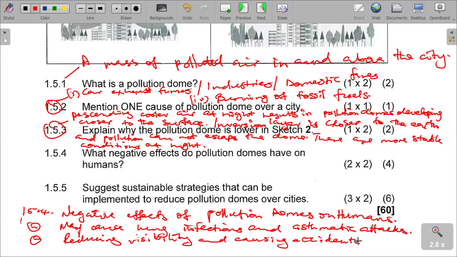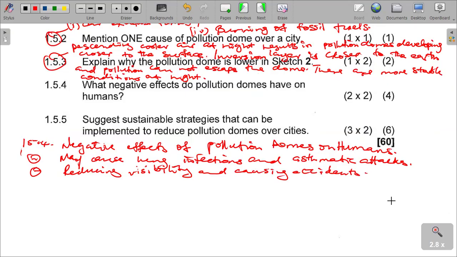There can also be accidents because of pollution domes. I'm sure that for those who drive, or have once been driving, you know that when there is too much pollution, visibility is minimized. And then it can also lead to poisoning.